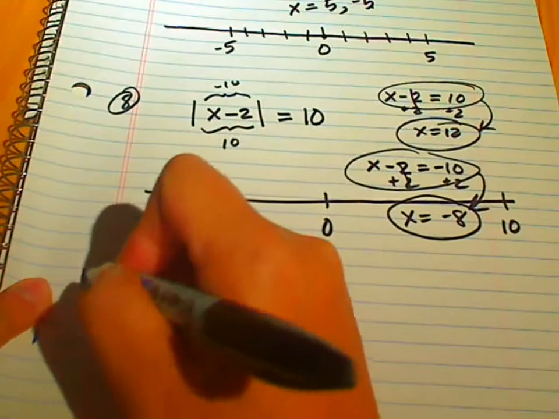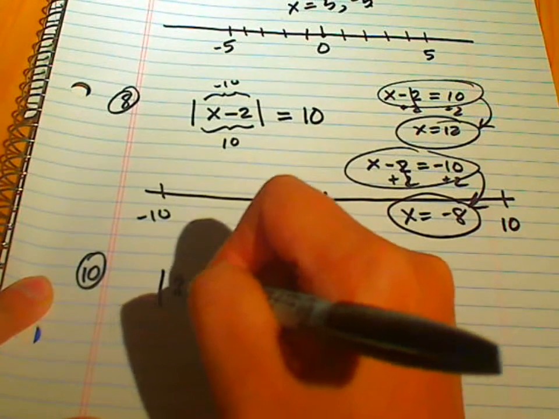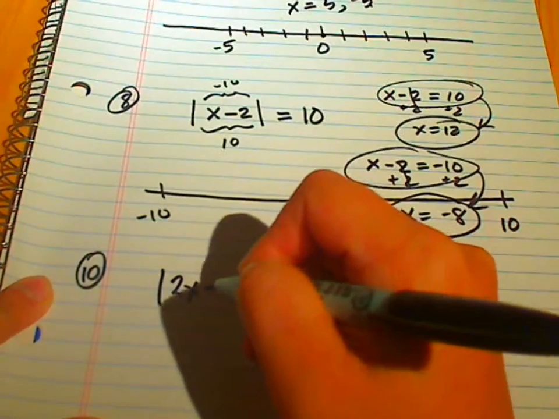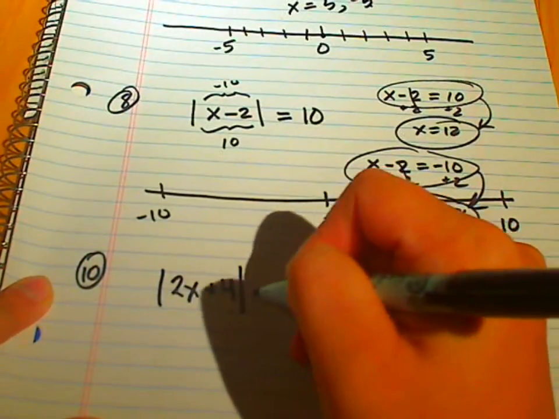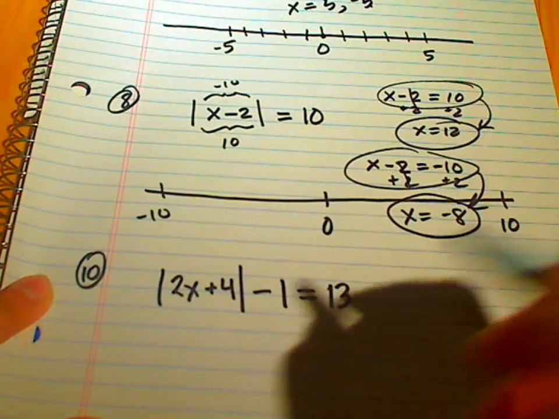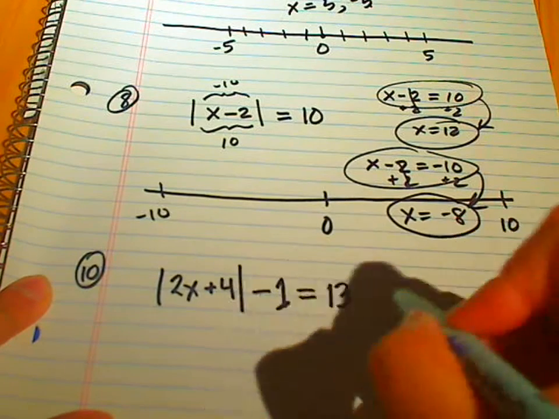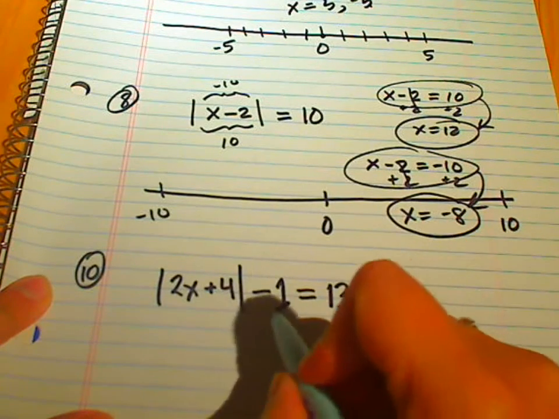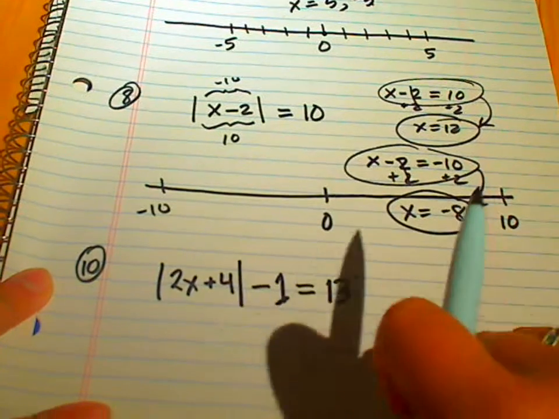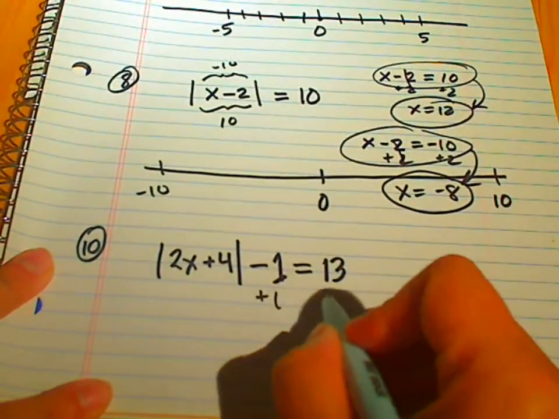Now number 10 slightly changes because you have something like the absolute value of 2x plus 4, minus 1, equals 13. The problem is this changes because this minus 1 is not part of the absolute value. So before you set up 2 problems, you have to move it over.